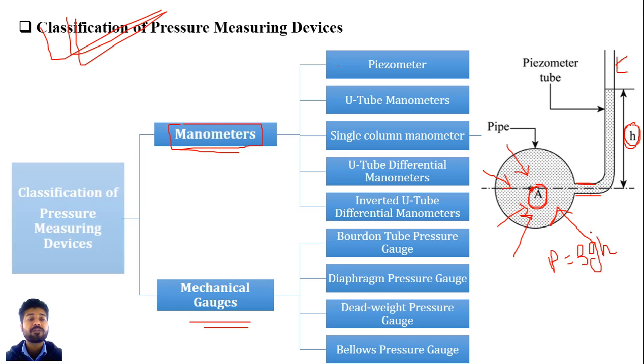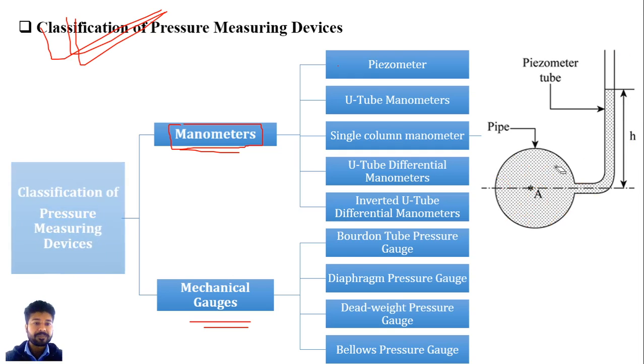This was about our hydrostatic law. Pressure P equals rho, the density of this liquid, g, the gravitational acceleration, and h, the rise of liquid in the piezometric tube. So by this equation you can find the pressure intensity at point A. So this was about our piezometer.